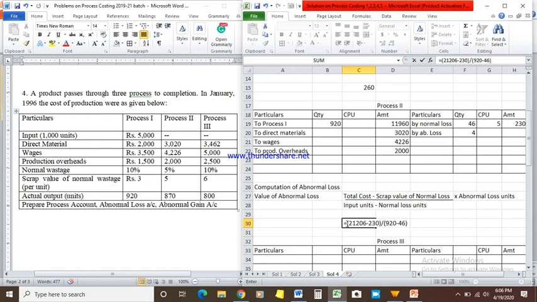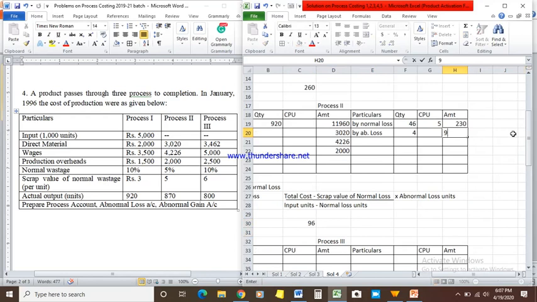If I do all this calculation and multiply with 4, I get the value of the abnormal loss, that is 96 rupees.